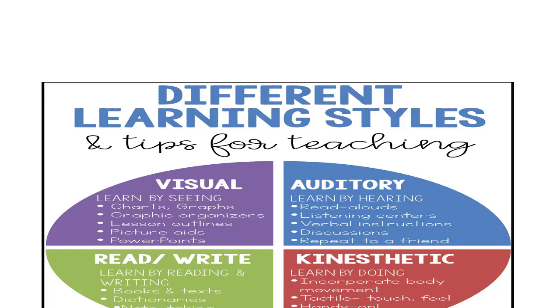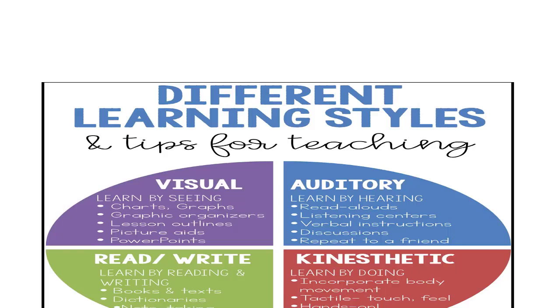The different learning styles that we have below: we have what we call the visual learning style, where you learn by seeing words, charts, graphs, graphic organizers, lessons that are outlined, picture aids, PowerPoints. Those are visual learning style.